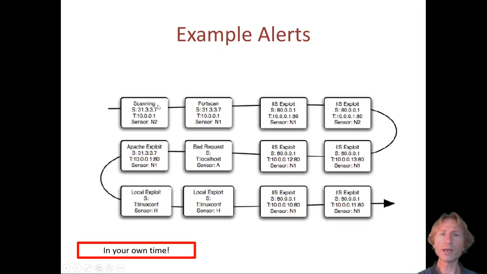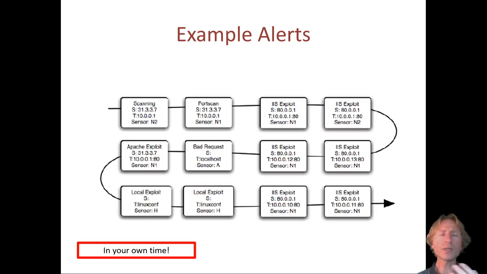So the first IDS calls it scanning, the other IDS calls it port scan. And then we have other events that are going on, also picked up by the two sensors. And if you're unlucky, all of these are going to be non-uniform. And then you have some question about what is really going on and what are the most relevant events.